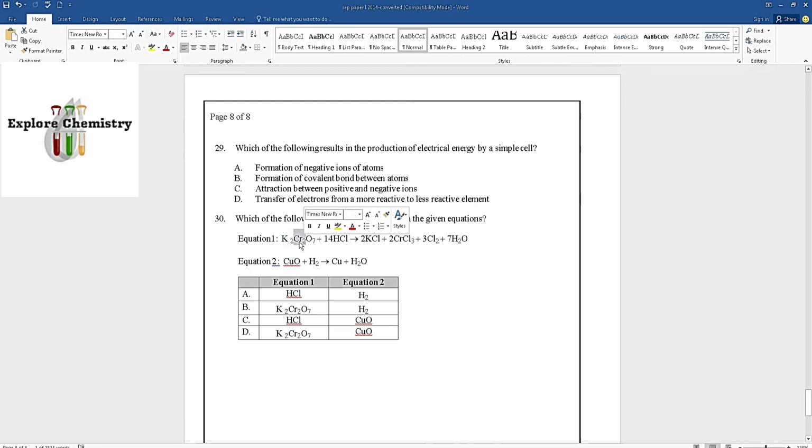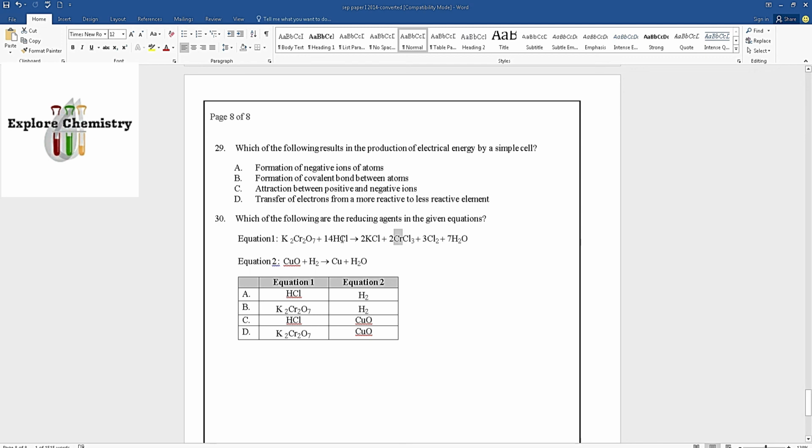One chromium oxidation state is plus 6. And over here one chromium oxidation state is plus 3. So it is changing from plus 6 to plus 3, means this is a reduction process. So over here it won't be the reducing agent.